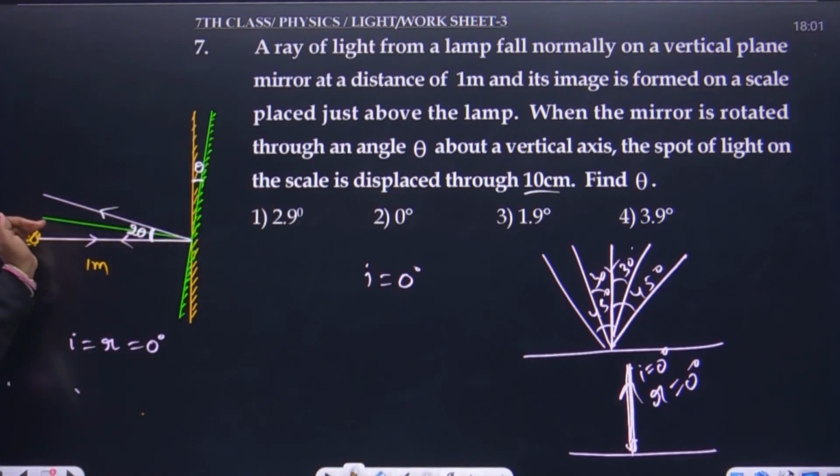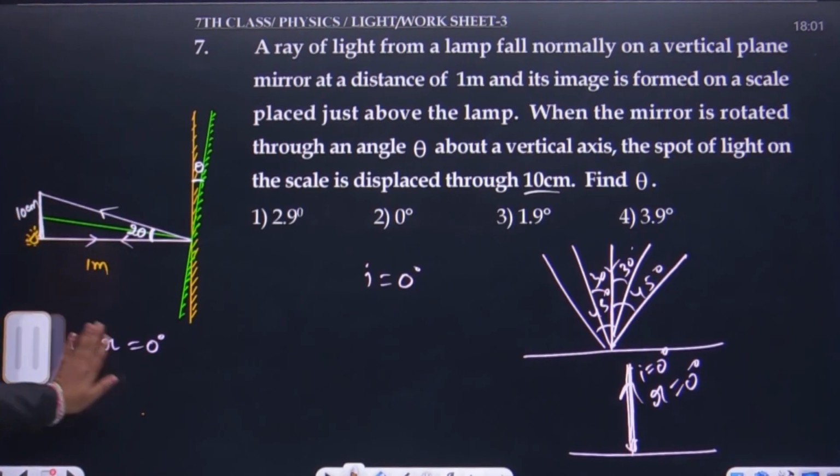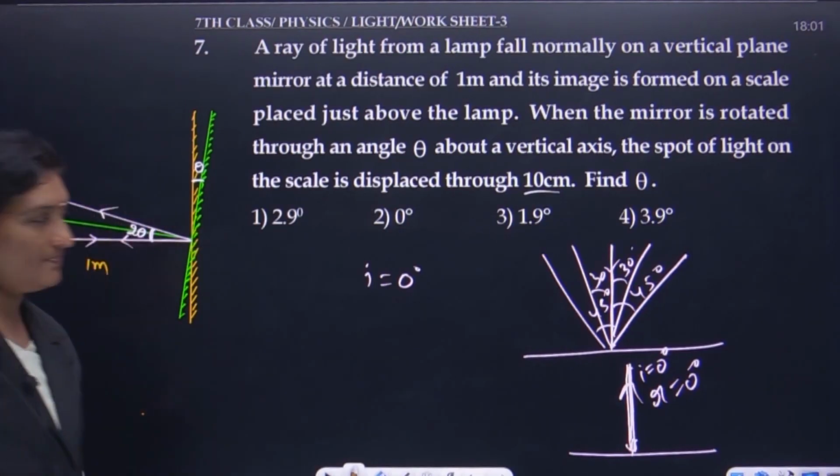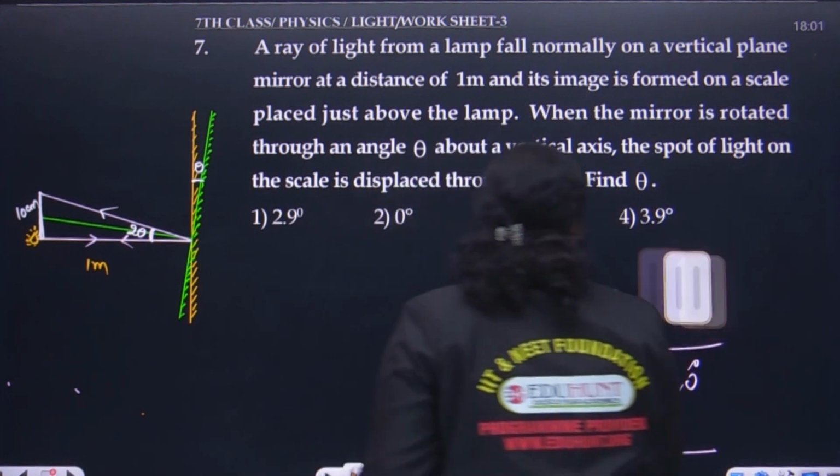Earlier the spot of light was here, now it is displaced by 10 centimeters. This distance is given as 10 centimeters. Up to that it is clear, children. So, this is the given data. You are asked to find the value of theta. If the question is clear, I will extend the part.